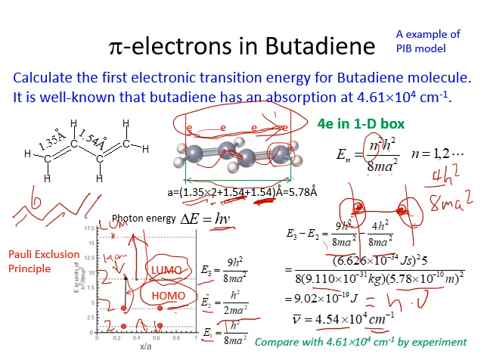But the point is, the calculated number is very close to the experimental data, 4.61 times 10 to the 4th power inverse centimeter. This shows that even though the particle in a box model is very simple and crude, the results are actually not too different from the experiment.